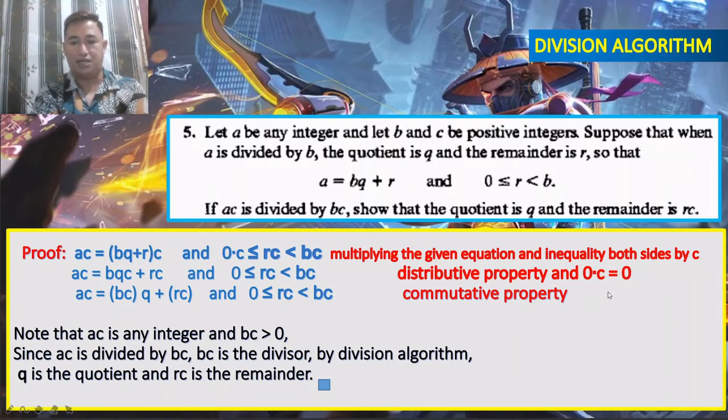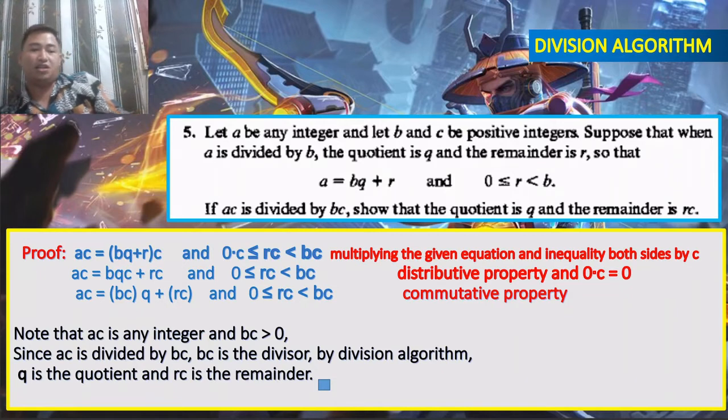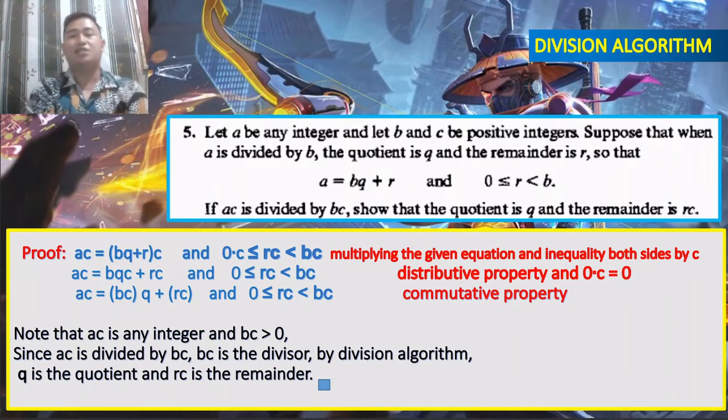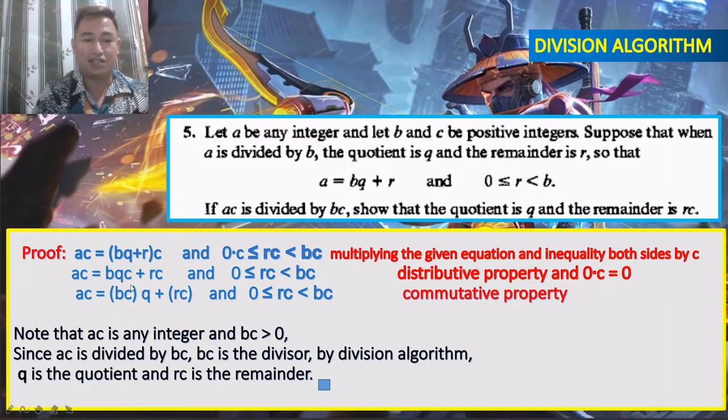Then we change QC to CQ, which is the commutative property, true in the set of integers. Then we parenthesize BC and RC.